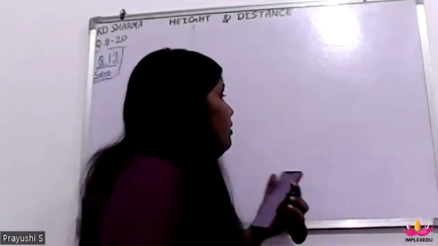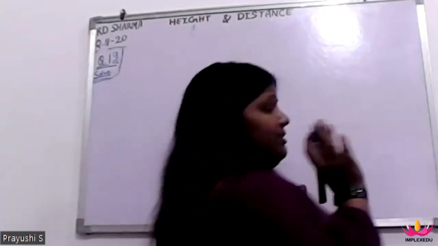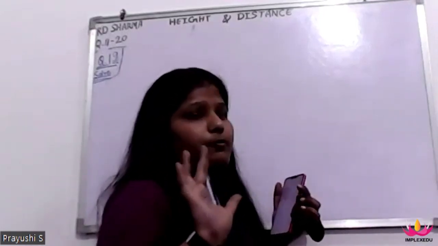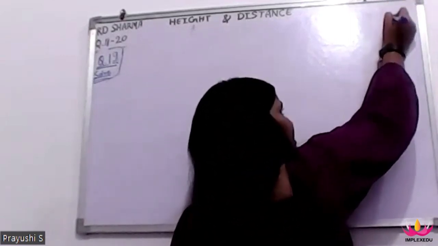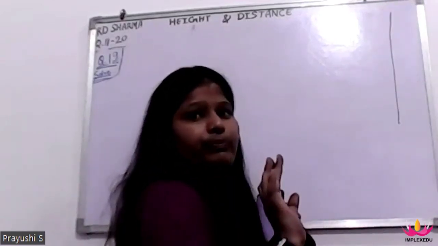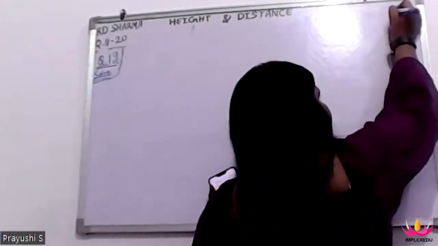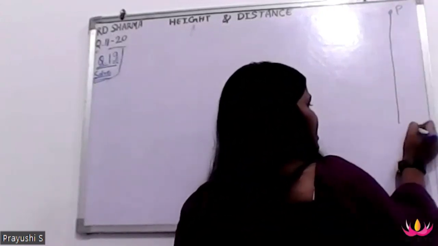Now, look here. Just for explaining the first time, what is the question saying? If I say this is the tree, which is like P and Q is the tree.